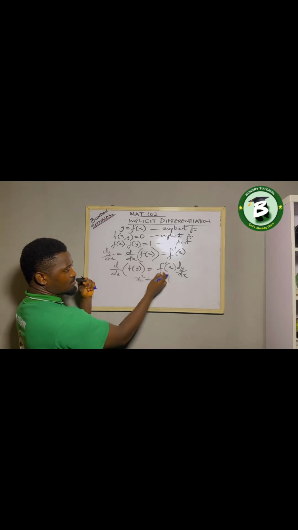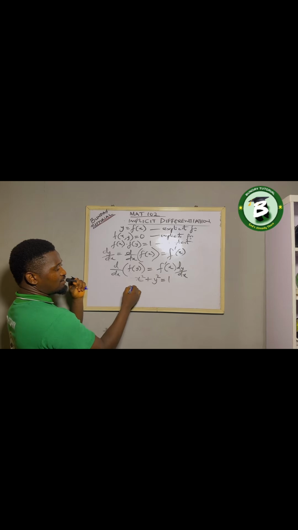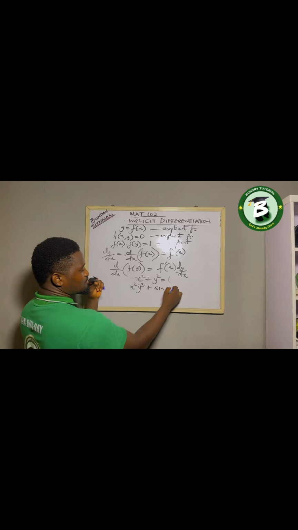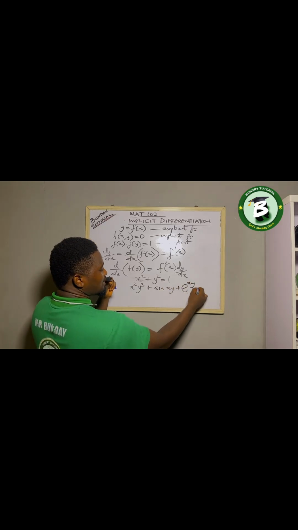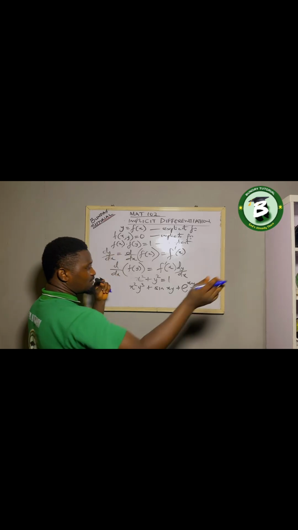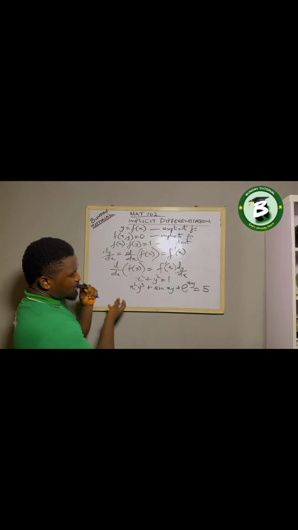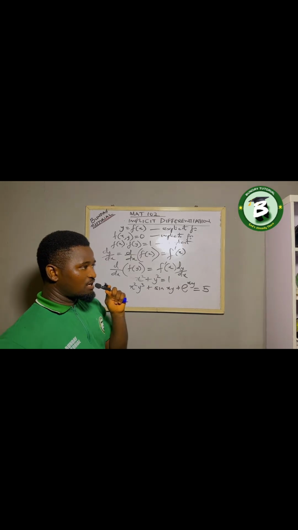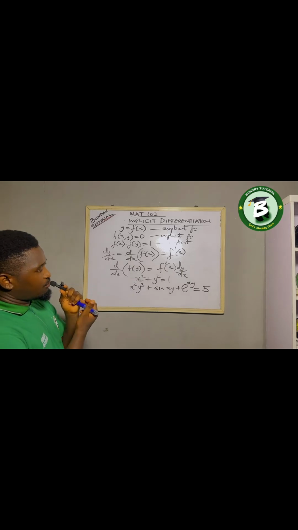This is implicit because there is a function of both x and y. Another one is x squared y cubed plus sine xy plus exponential xy equals 5. This is another example of an implicit equation.